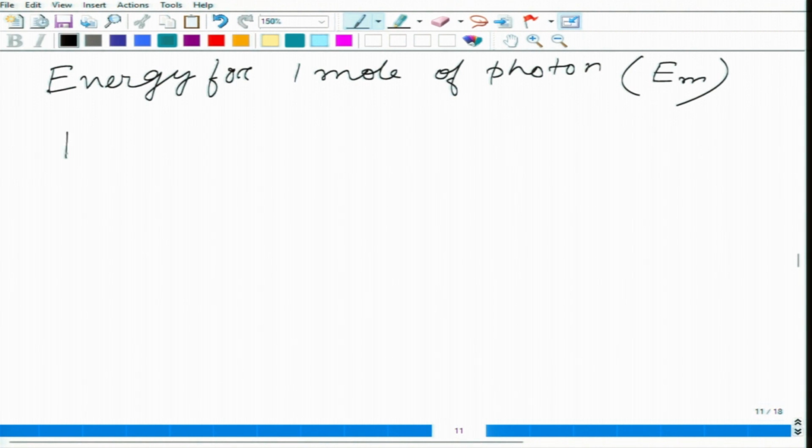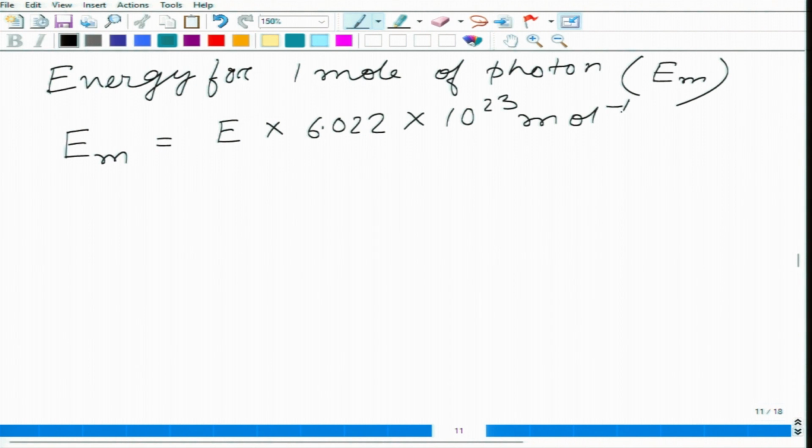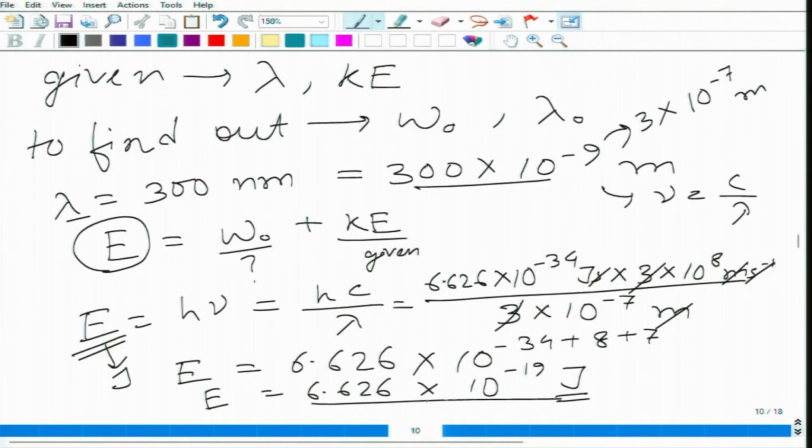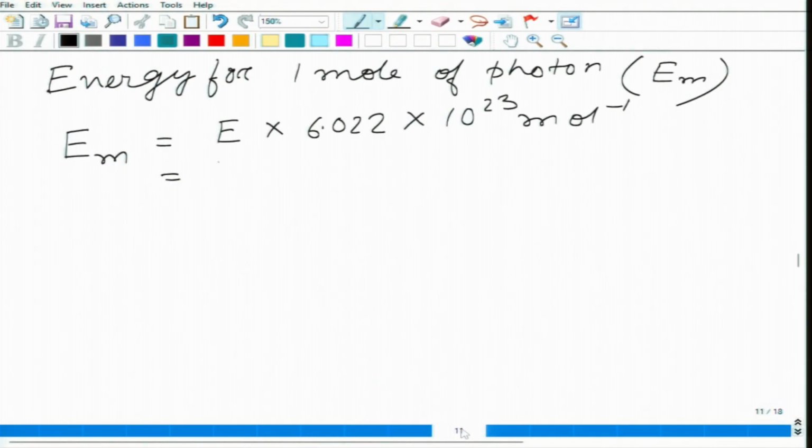So, EM will be equal to E into 6.022 into 10 to the power 23 mole inverse. So, what is the value of energy here? The value of energy is this.